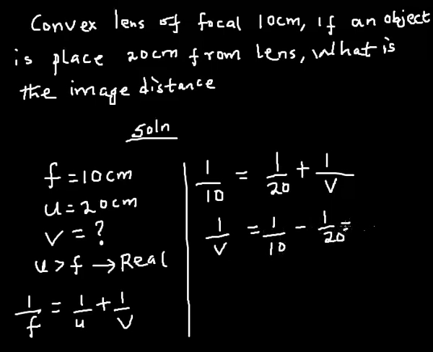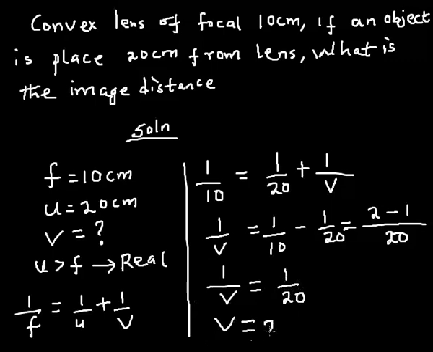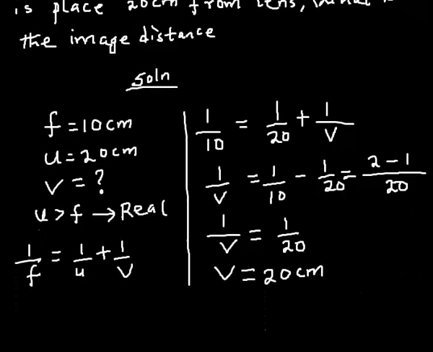The LCM of the denominators is 20. 20 divided by 10 is 2, and 2 times 1 is 2. 20 divided by 20 is 1, and 1 times 1 is 1. So 1 over v is equal to 2 minus 1, that's 1 over 20. So I have to find the reciprocal, and v is going to be equal to 20 cm. So my image distance is 20 cm.